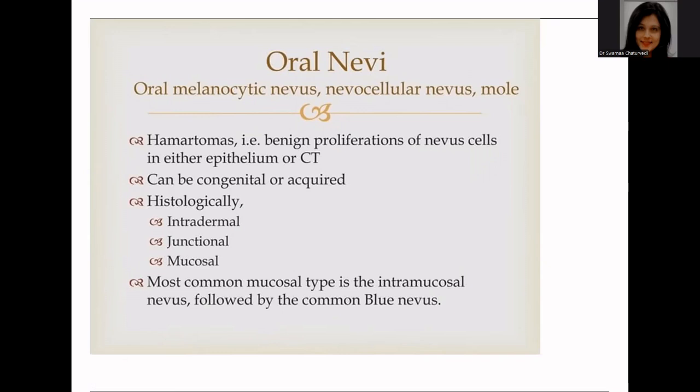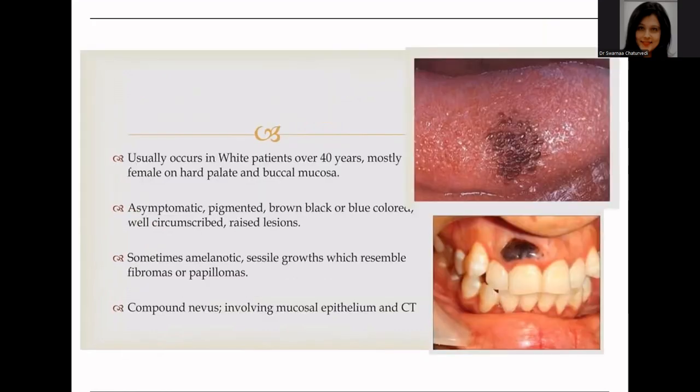The most common clinical variant is the intramucosal nevus, followed by the blue nevus. If you look at the clinical picture, usually it occurs in white patients over the age of 40 years, mostly females, and the most common sites of predilection are the hard palate and buccal mucosa. They are asymptomatic, pigmented, brown, black, or blue colored, well-circumscribed, raised lesions.